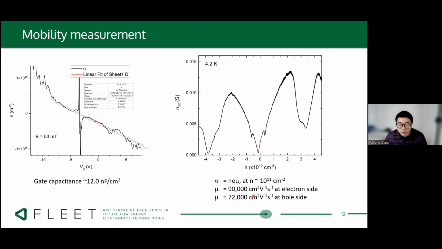On the electron side, the mobility is about 90,000. On the hole side, the mobility is slightly lower, about 72,000 centimeter square per volt per second. So the mobility is quite high, and indicates the sample quality is very good.